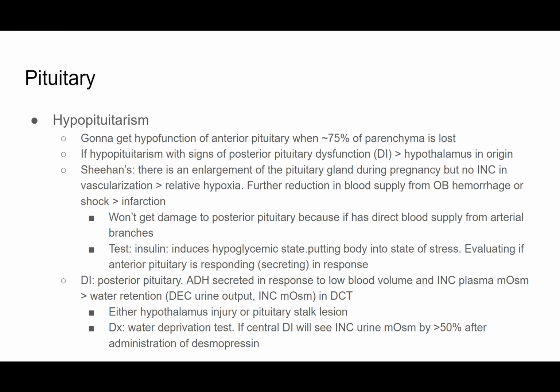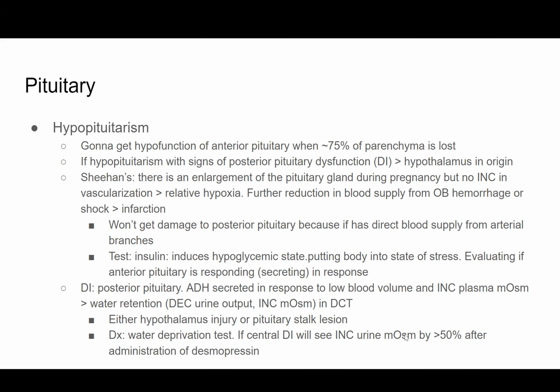And then diabetes insipidus. I focused at the level of the pituitary because we are in the brain right now. I did not talk about nephrogenic because we're not in the kidneys, but this is ADH secretion. ADH is secreted in response to low blood volume. That's physiology. But what we're talking about here is lack of ADH secretion due to an injury to the brain.